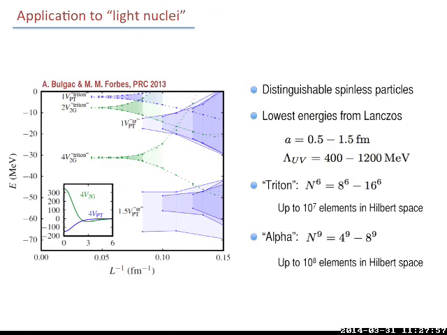Okay. And then finally, there were some initial calculations done with quote-unquote triton and alpha particles. One didn't take into account the fermionic nature of nucleons in this calculation, so you just treated these 3 and 4 particle systems as distinguishable spinless particles with these different potentials: a Gaussian and then this Pöschl-Teller potential. Then, as in our other calculations, they computed the lowest energy eigenstates with Lanczos.